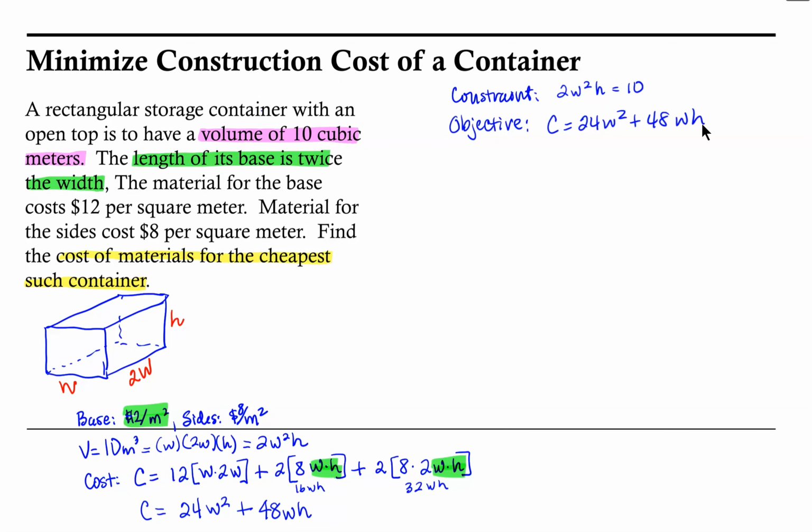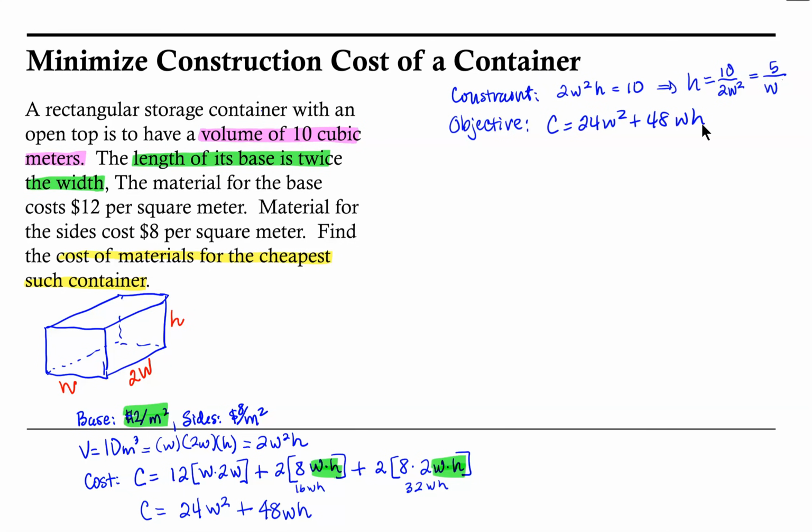If we solve the constraint equation for H, we divide both sides of the equation by 2W squared. We get 10 over 2W squared, or we can simplify a bit and get 5 over W squared.